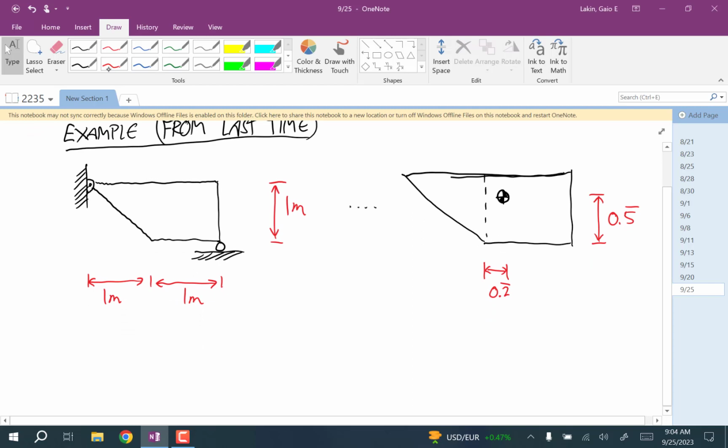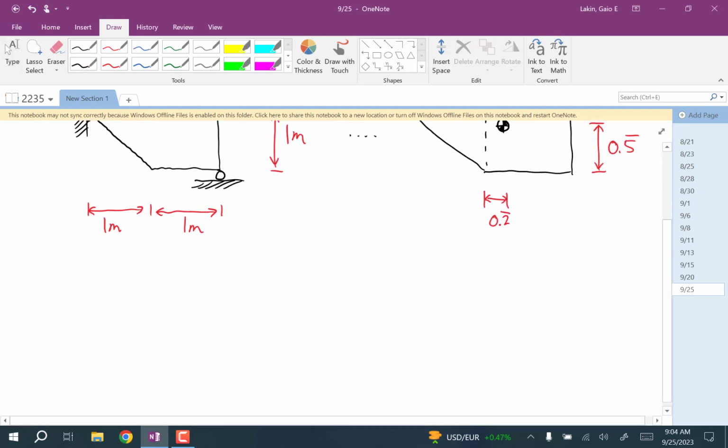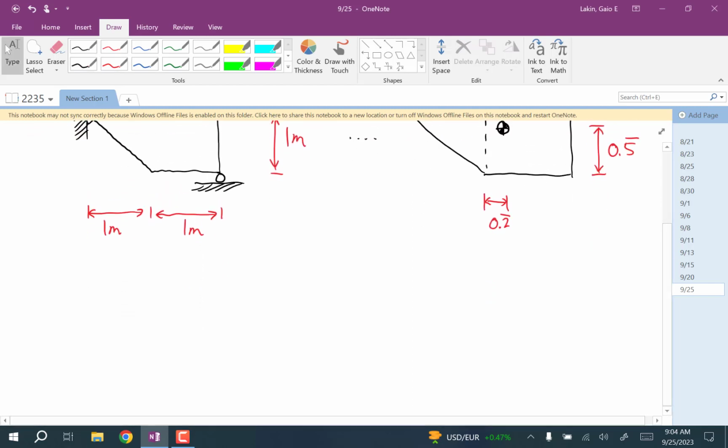Okay, so now we're going to use that in a rigid body problem. So I'm going to draw a free body diagram.